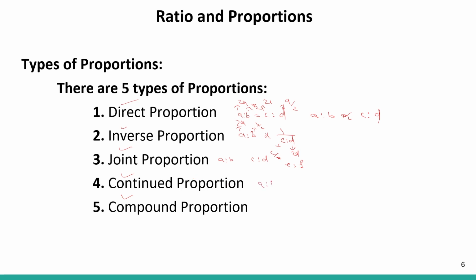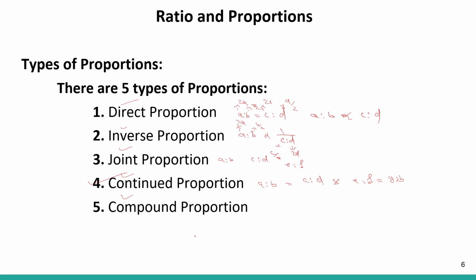If A is to B is equal to C is to D, and E is to F is equal to G is to H, then we say they are continued proportion. And what is compound proportion?